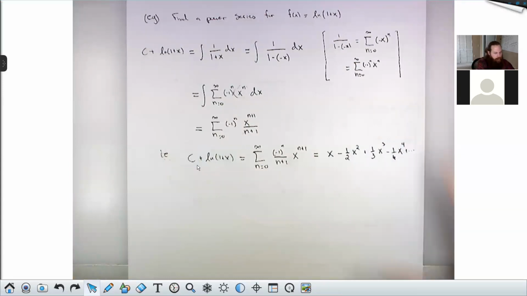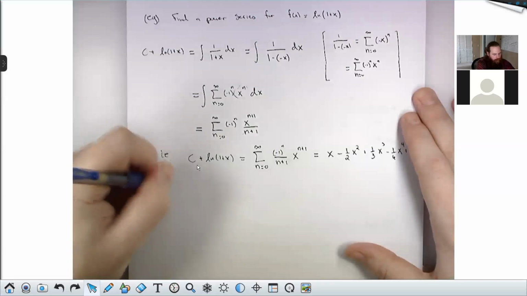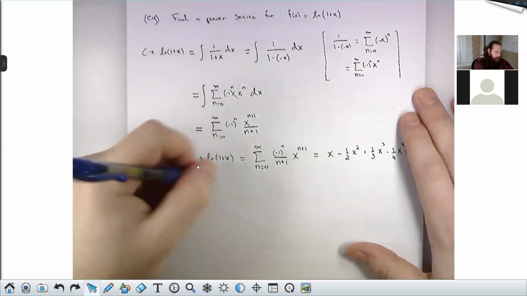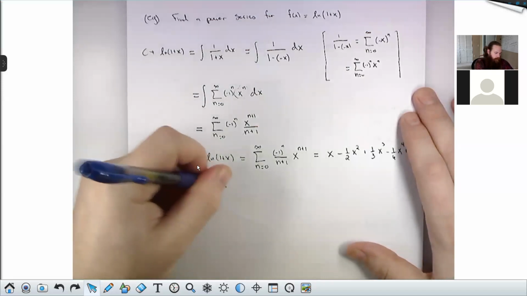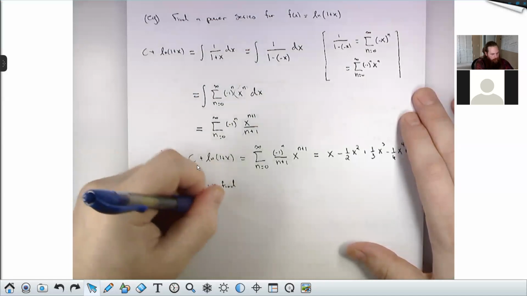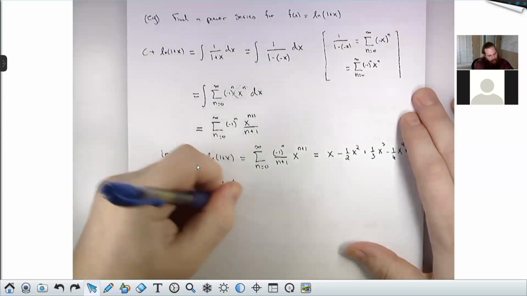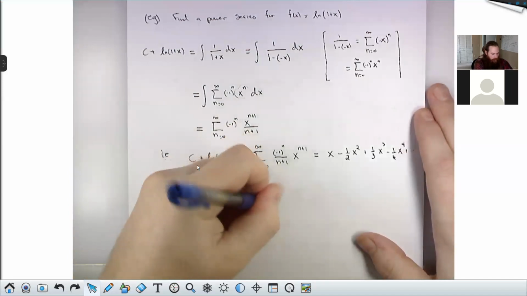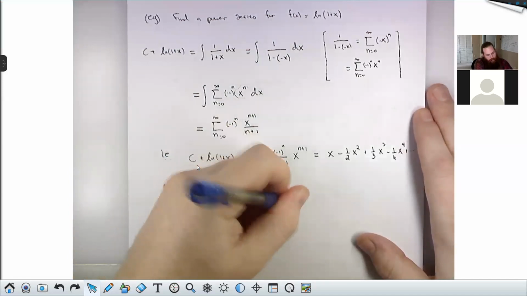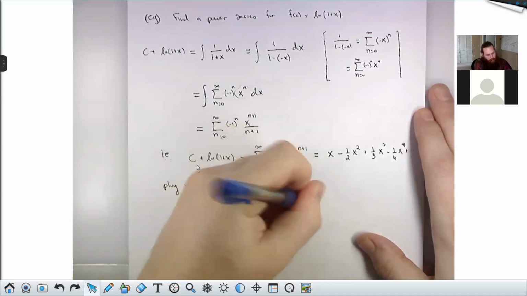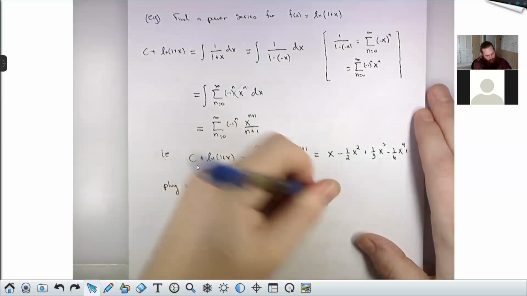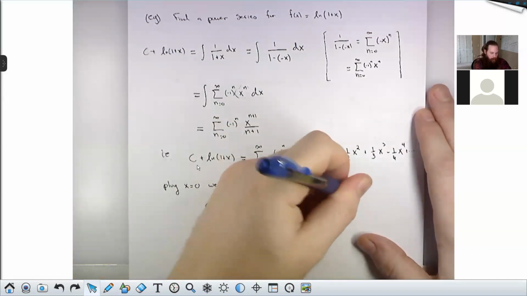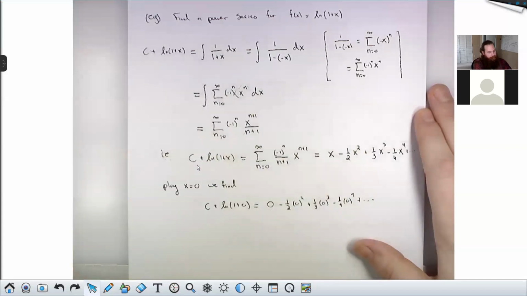And if we plug in x equals 0, we find that c plus the natural log of 1 plus 0 is equal to 0 minus 1/2 times 0 squared plus 1/3 times 0 cubed minus 1/4 times 0 to the 4, and so on.